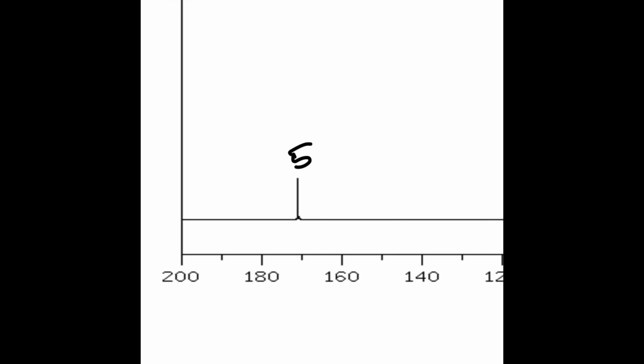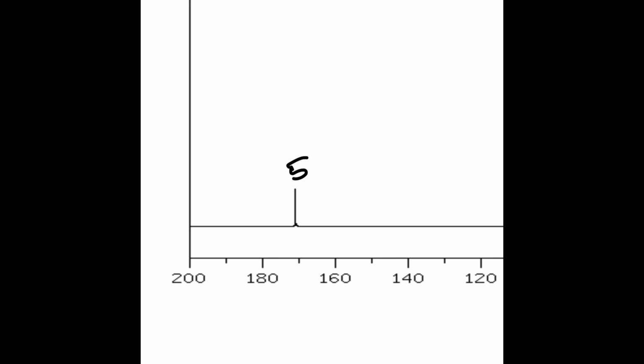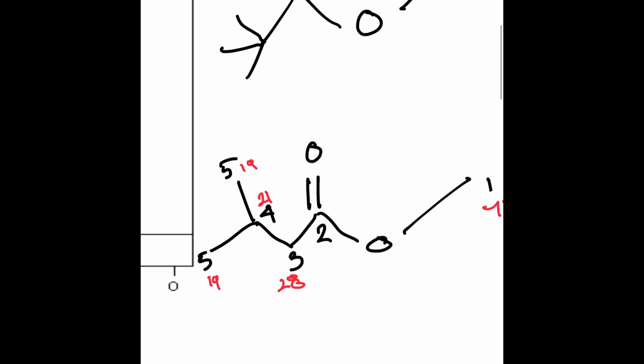And finally, we're going to look at peak number 5. This peak does have the largest ppm number. It is between the ranges of 160 and 180. In this range, we have the carbonyl functional group. The ppm value for this peak is about 171, and this is going to be represented by the carbonyl group in our structure.